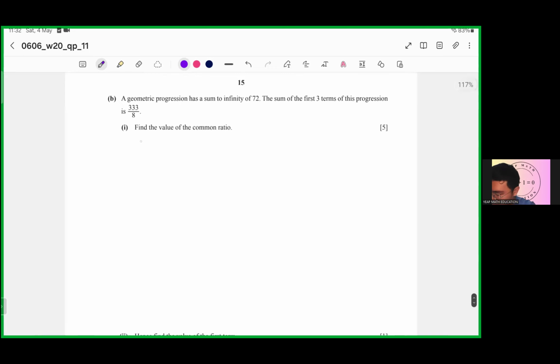Now we can write A plus AR plus AR squared equals 333 over 8. Then we can write S3 equals 333 over 8.